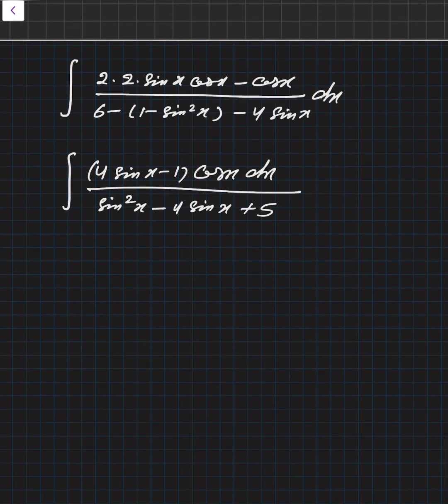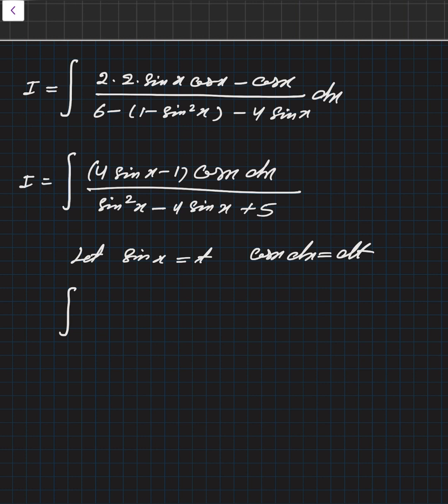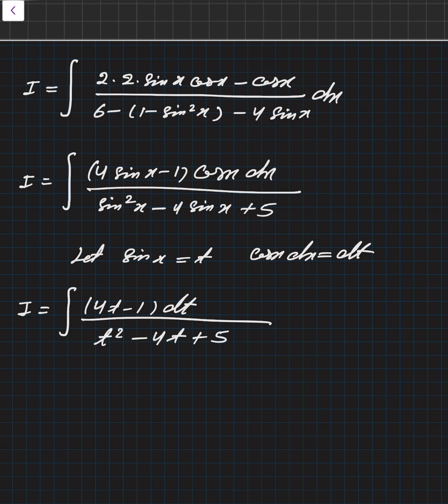after that let here sin x equal to t, then cos x dx is equal to dt. After that, that is 4t minus 1 into dt whole divided by, okay.